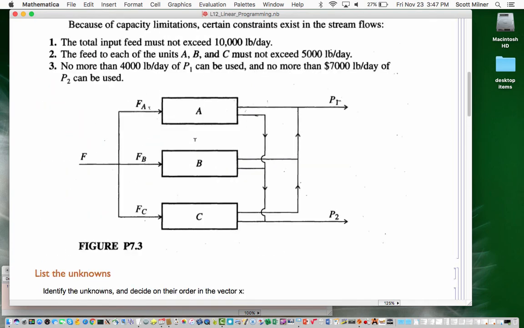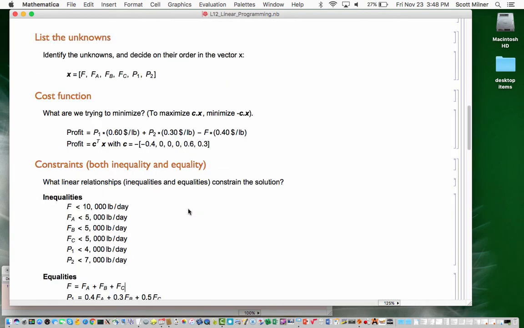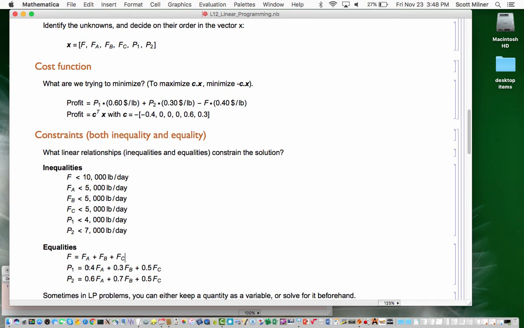So for example, the first unit produced 40% P1 and 60% P2, and so that means then that the P1 has a term 0.4 times the feed to A, and P2 has a term of 0.6 times the feed to A. That's the contribution of the A unit to the amount of P1 made and the amount of P2 made.